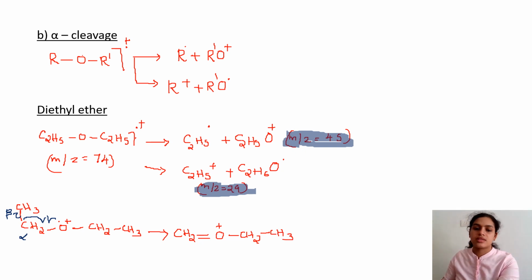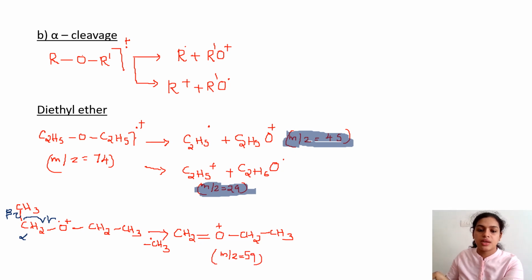Okay, this is clear. CH3 dot is eliminated by alpha cleavage, and the remaining one is the oxonium ion. The M/Z value of this fragment is 59.